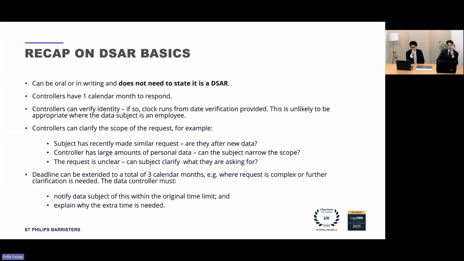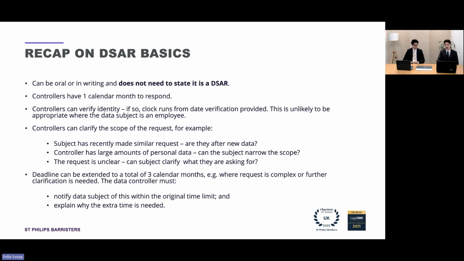Just thinking about what a subject access request is and might look like, it can be really in any form; there is no prescribed form for how it is put together. It can be made at any time, including during litigation, and that's something that Felix is going to talk to us about shortly. And indeed, it can be made either through the Information Commissioner's Office's website, orally or in writing.